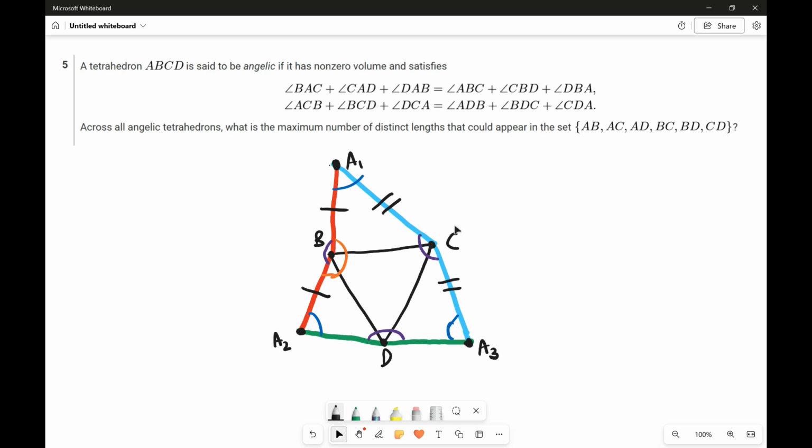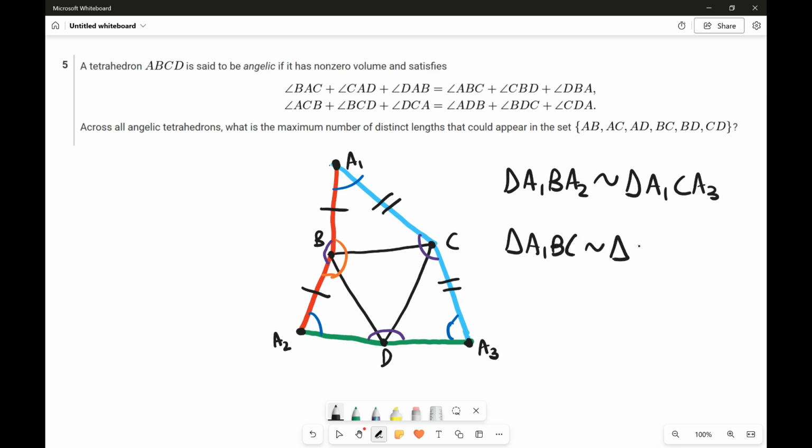So this means that triangle A1BA2 is similar to triangle A1CA3. Now, this is a spiral similarity. So by spiral similarity properties, this also implies triangle A1BC is similar to triangle A1A2A3.